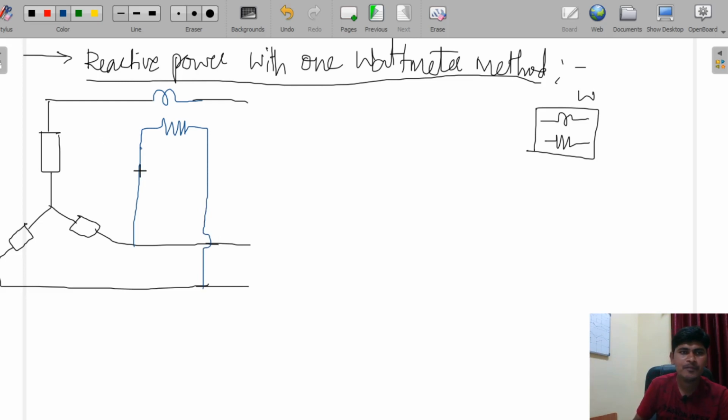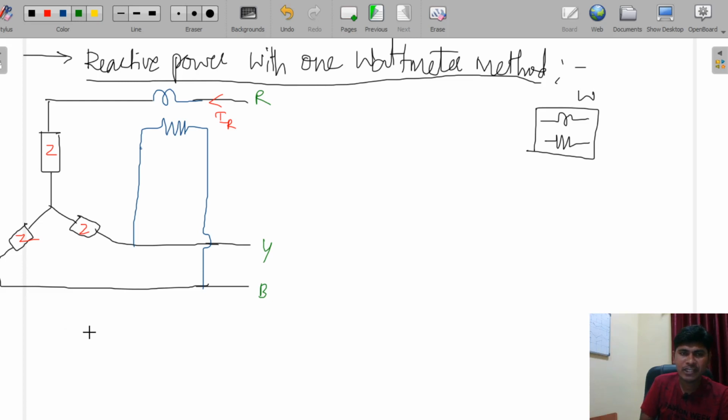Anyhow, it is a balanced load Z. So let IR be the current flowing through this line, with lines R, Y, B.